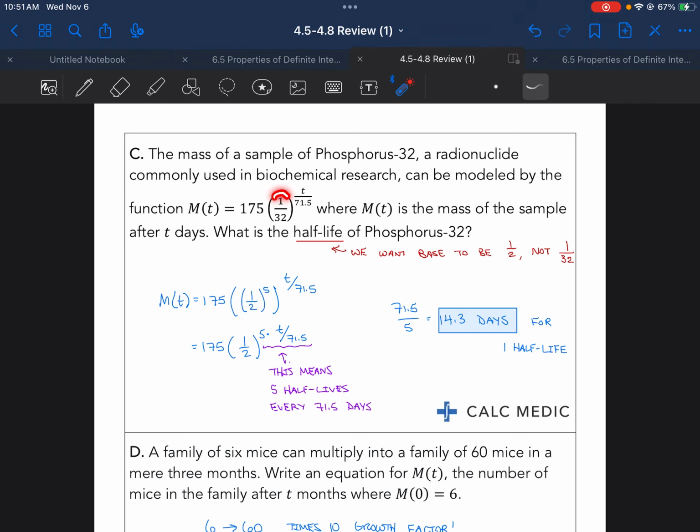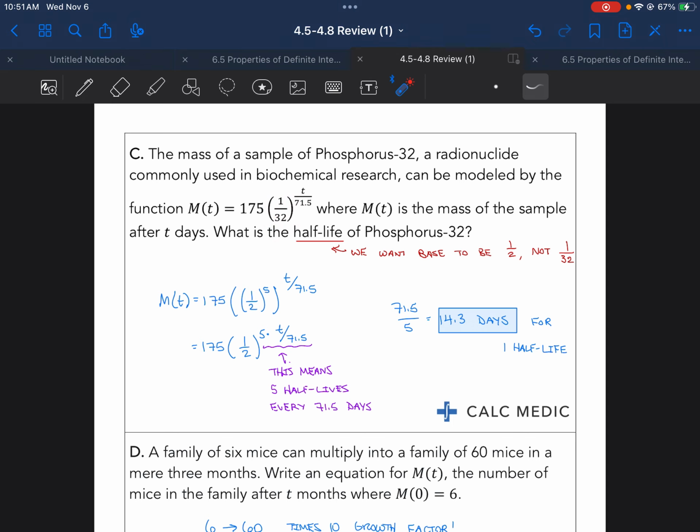Which means we would want this base to be a 1/2, not a 1 over 32. Well, if you take 1/2 and raise it to the 5th power, so 1/2 times a half times a half times a half times a half, 1/2 to the 5th power is 1 over 32. So I can rewrite this function by replacing the 1 over 32 with 1/2 to the 5th power.